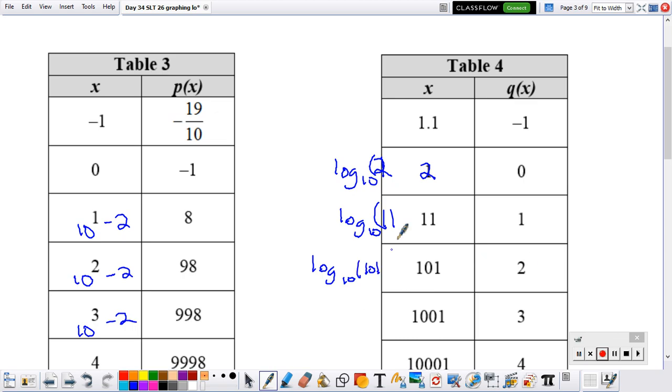What do we have to do to the 11 and the 101 and the 1001 so that the output will be 1, 2, 3? Well, if you said we need to subtract 1, you're correct. So like if we have log base 10 of 1001 minus 1, that would be log base 10 of 1,000, which is 3. Make sure you make that change. That should be a 2, not a 1.